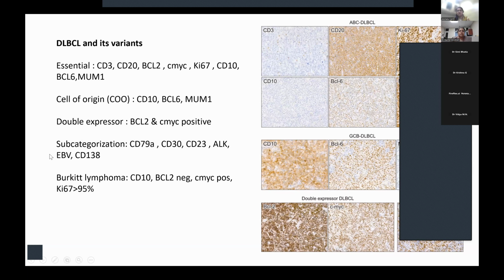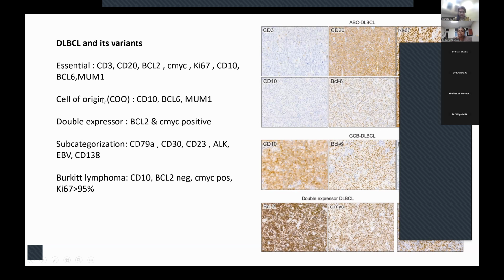And as I mentioned, when you have a DLBCL, you have to then further categorize the cell of origin using the markers CD10, BCL6 and MUM1, and also look for the double expressor status. Double expressor means you have a DLBCL which is positive for both BCL2 and c-MYC.